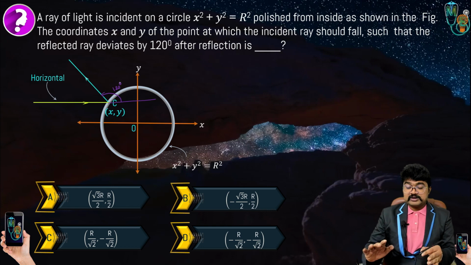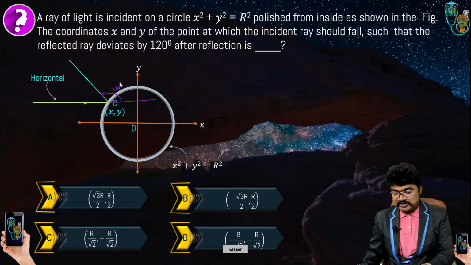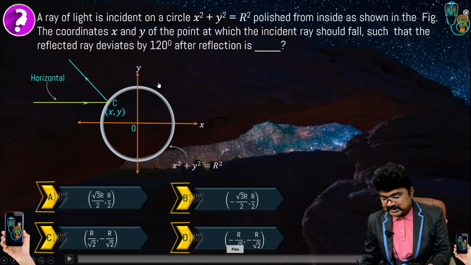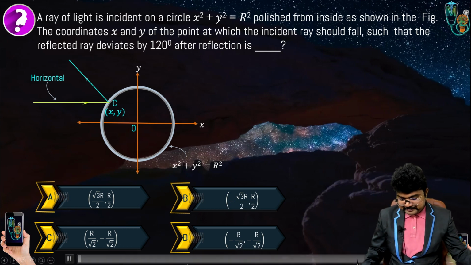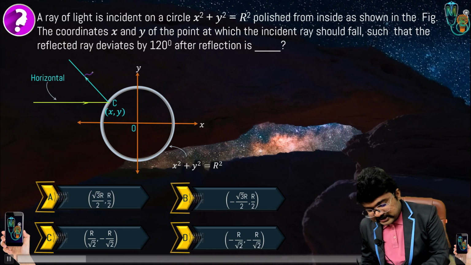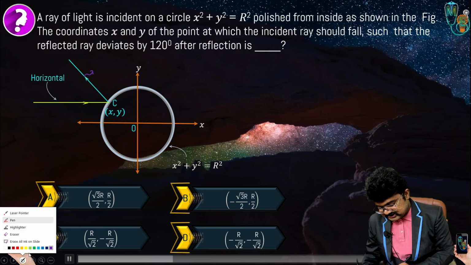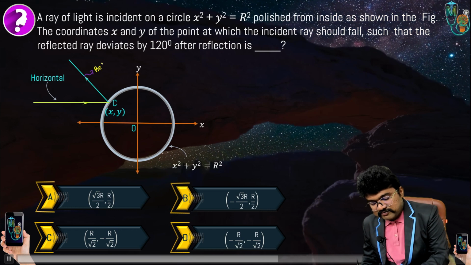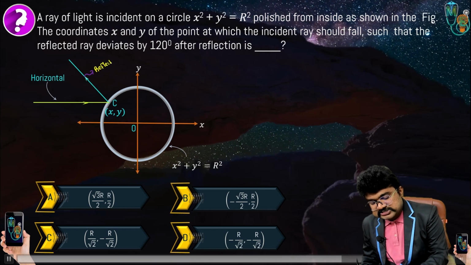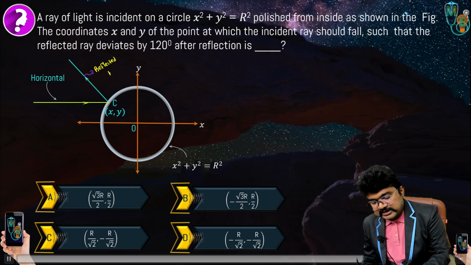After the reflection, this is the reflected ray. I can say incident ray and reflected ray. This is the reflected ray. It is a little interesting.